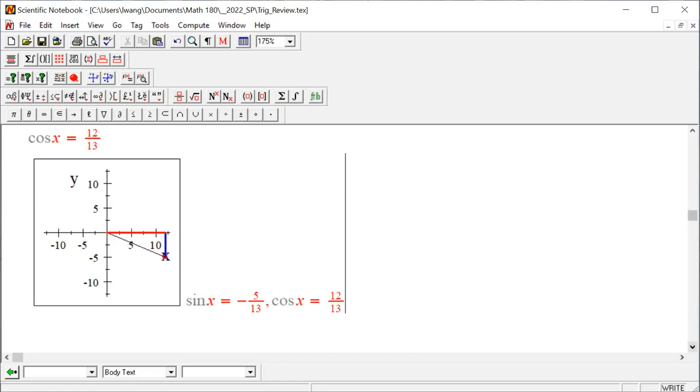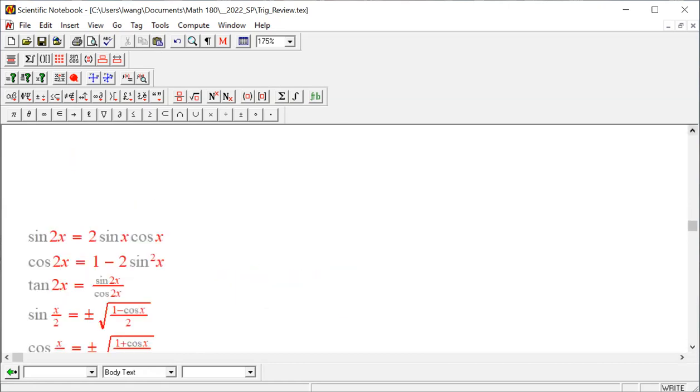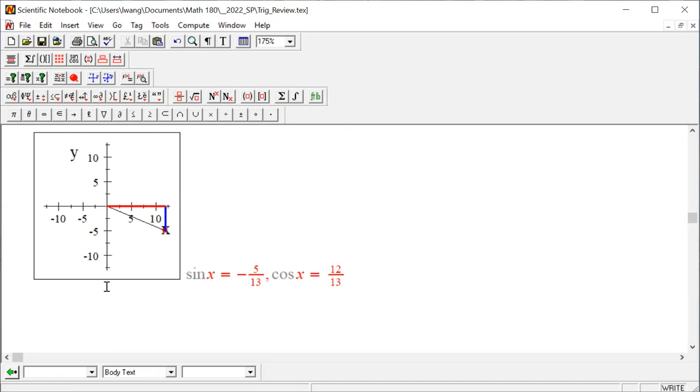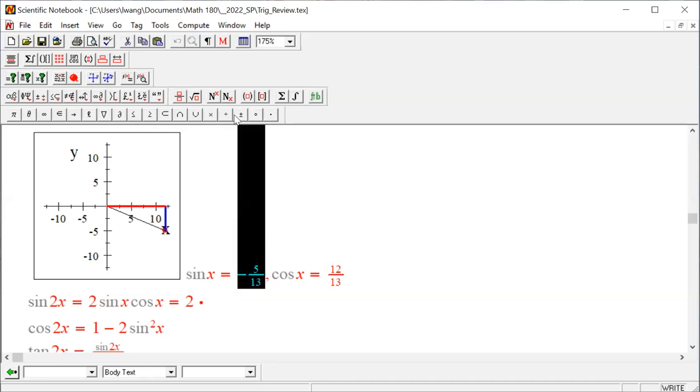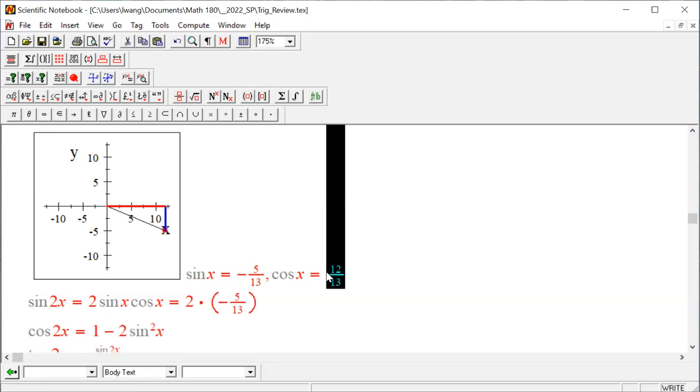And we're also going to show you how to determine the sine of half angle for the half angle formula. Okay, so let's do the easy part first. Sine 2x equals 2 times sine x, which is -5 over 13, times cosine x, which is 12 over 13.